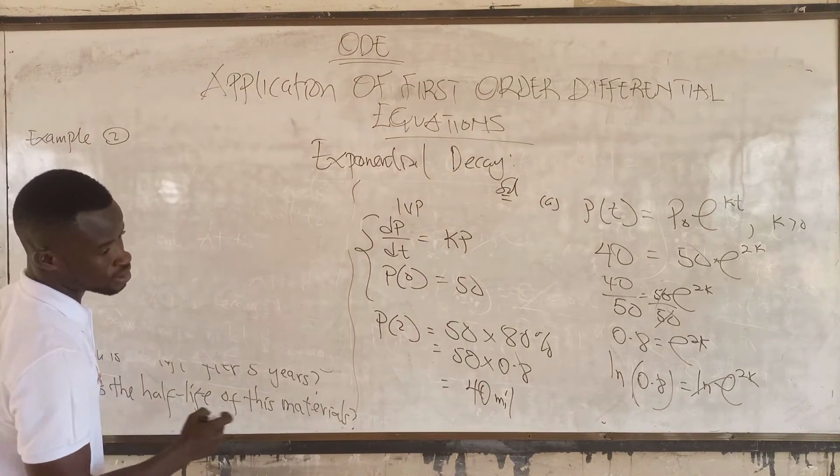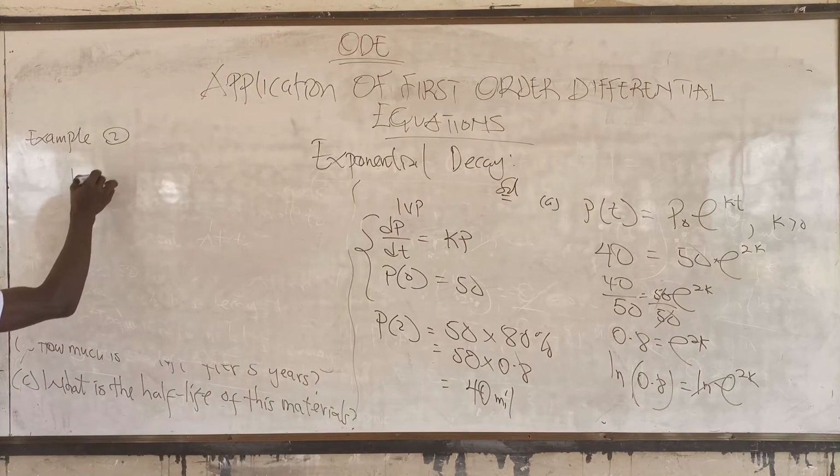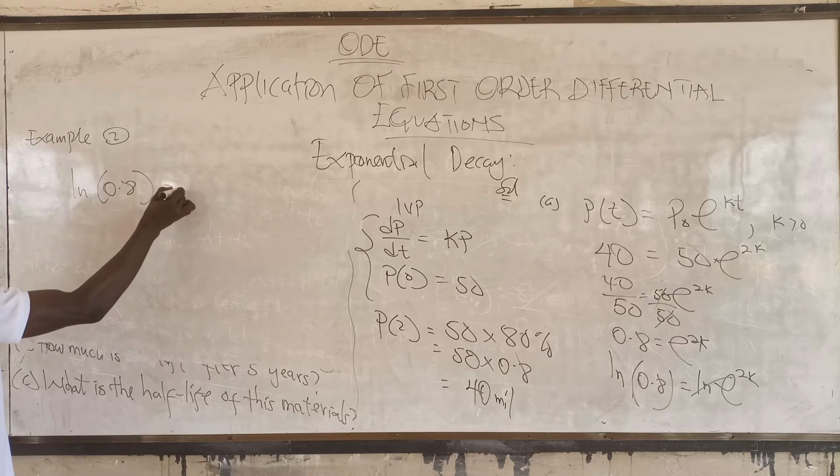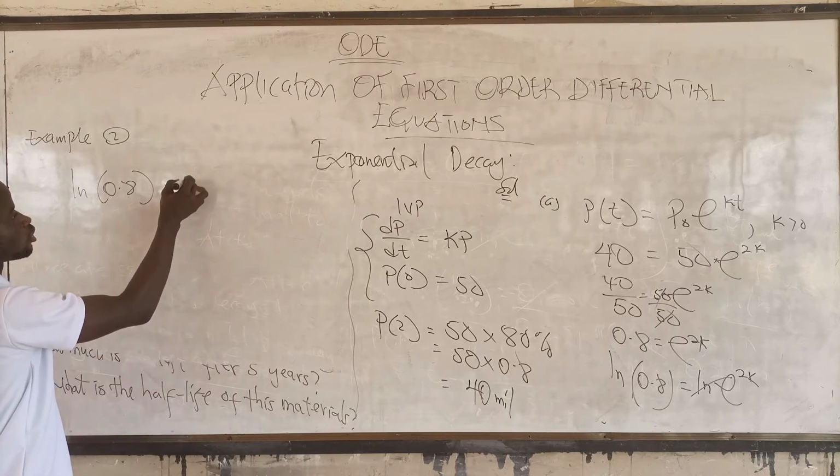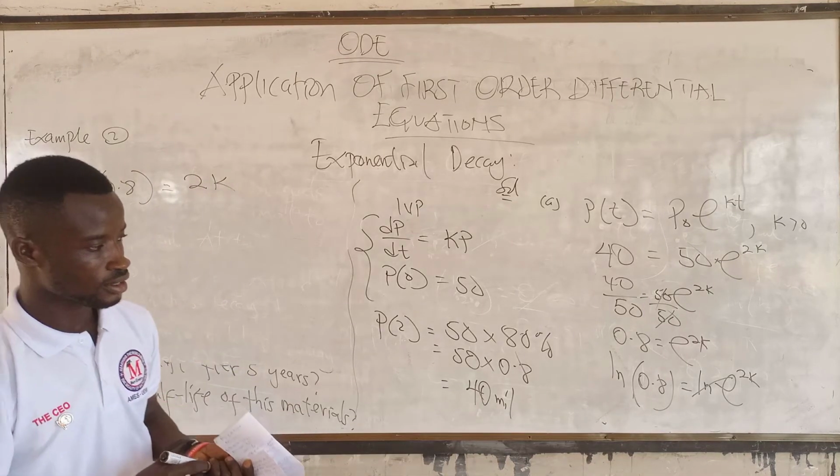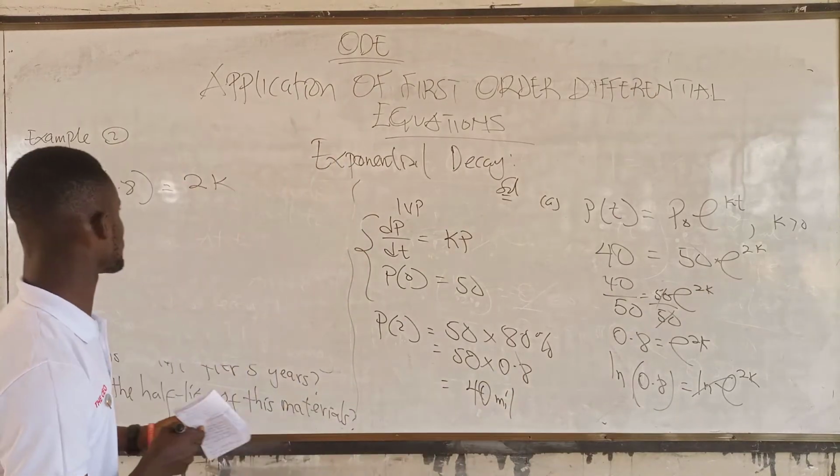So with this, you are going to get ln 0.8 is equal to 2k.